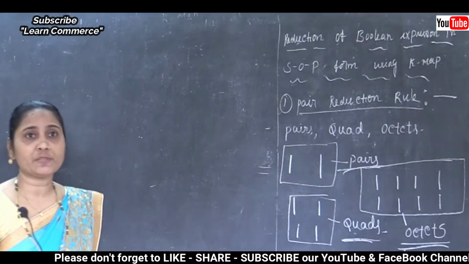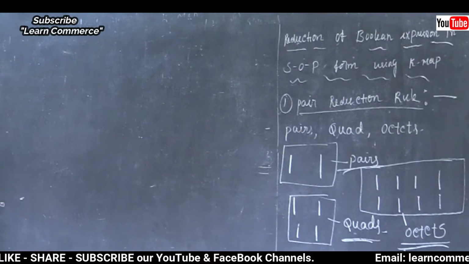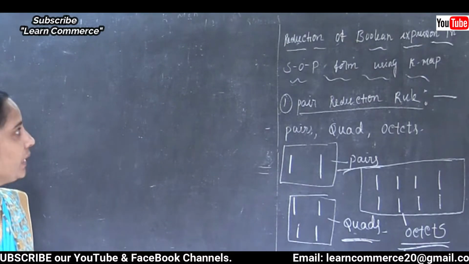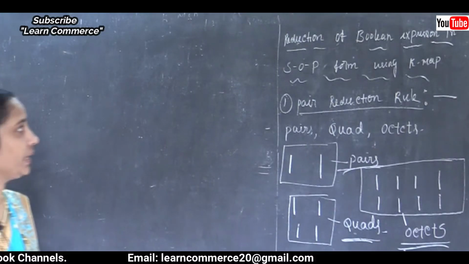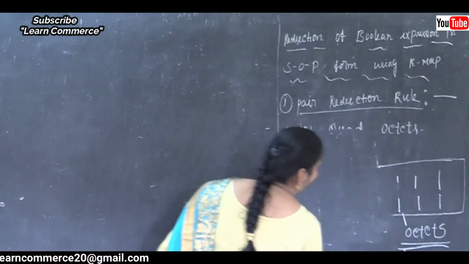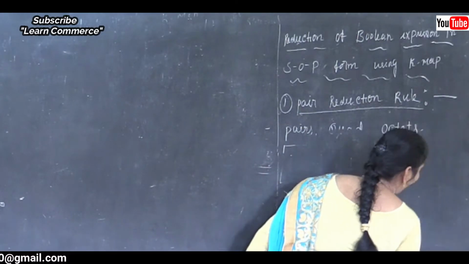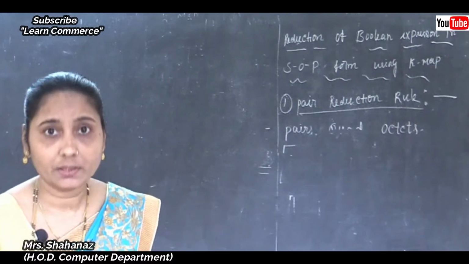Now the next concept is the reduction of Boolean expression in SOP form using K-map. In this case we can say some information about pairs, quads and octets.